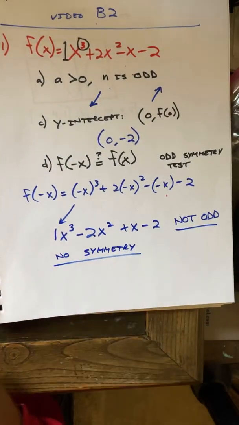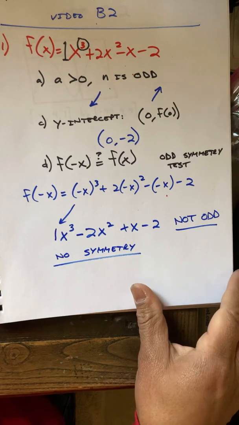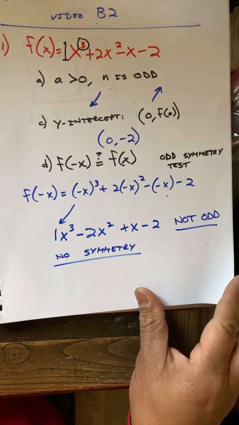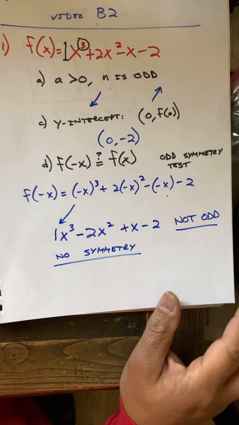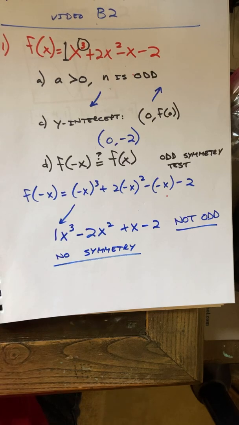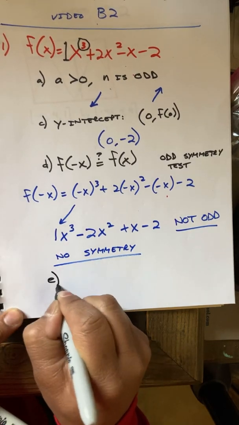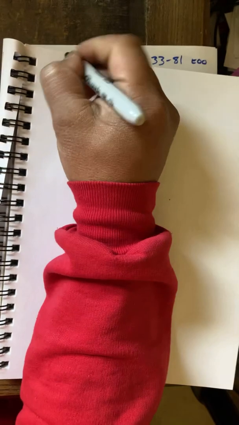And for E, add a few additional points on the graph just to check it out. We should do a little bit of that since we didn't find the zeros, and I have a feeling they'll be at easy integers anyway. So E. We'll go on to the next page.